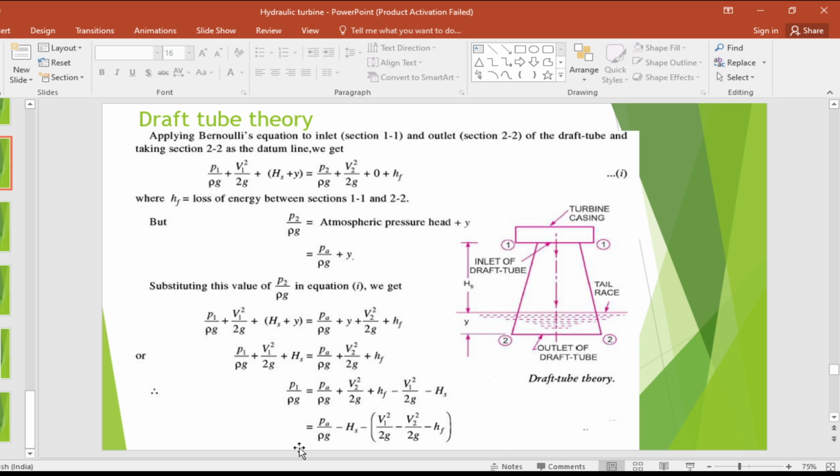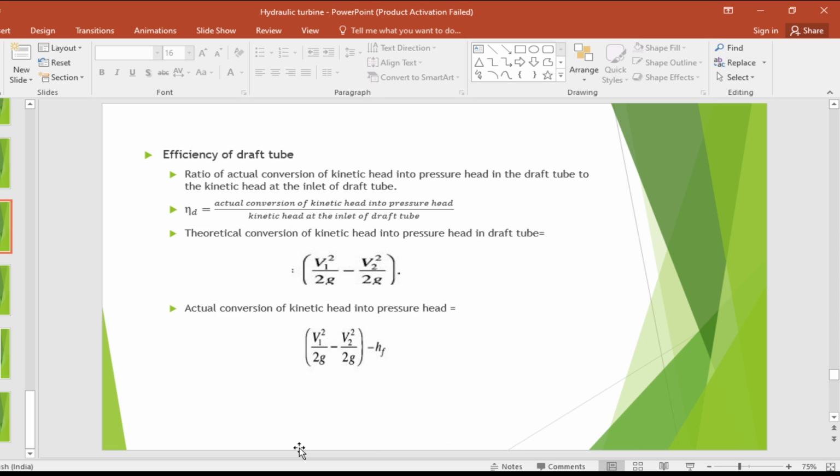Now this is about the draft tube theory. The second one is the efficiency of the draft tube. The efficiency of the draft tube is defined as the ratio of the actual conversion of kinetic head into pressure head in the draft tube to the kinetic head at the inlet of the draft tube.